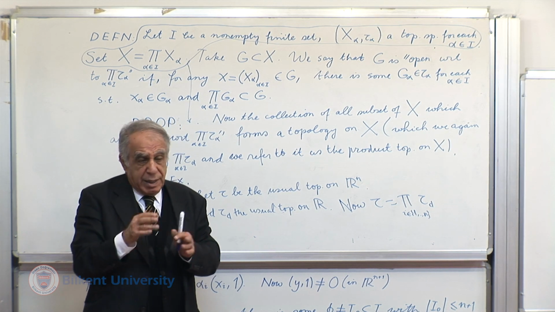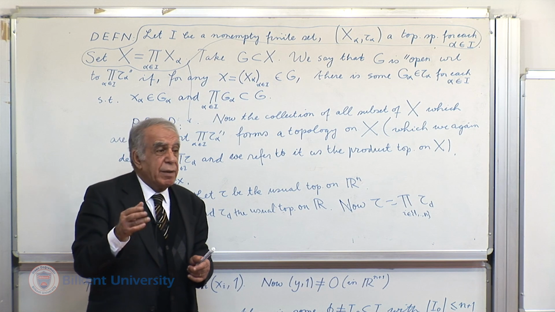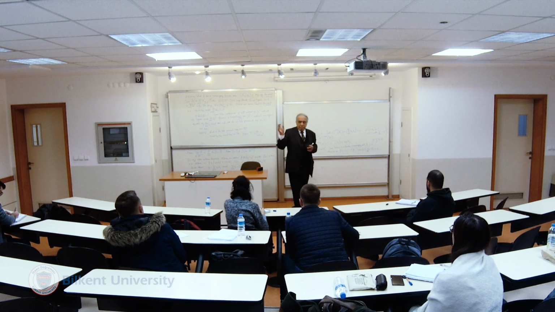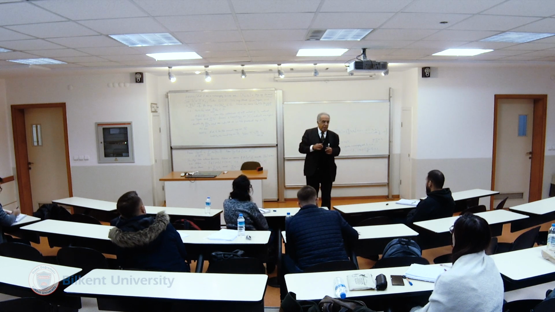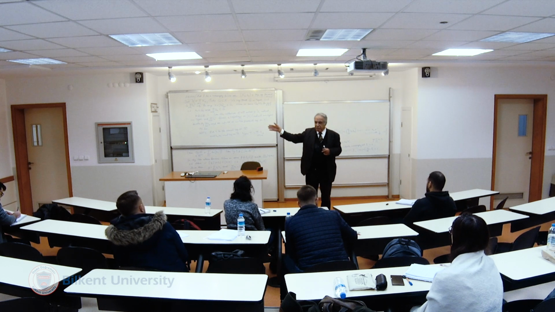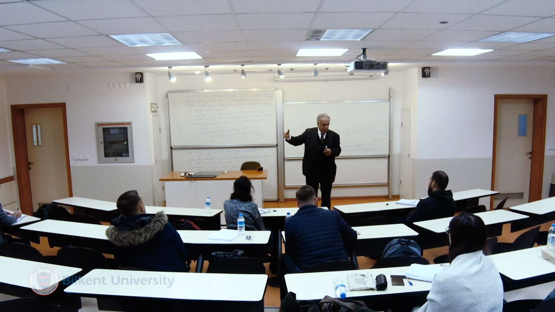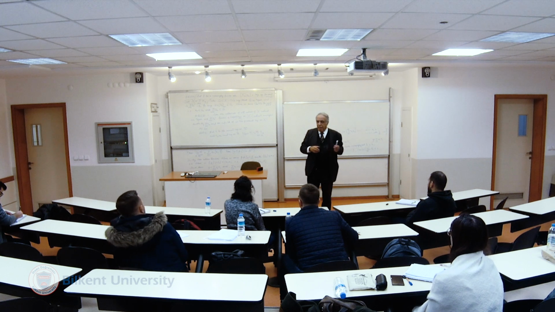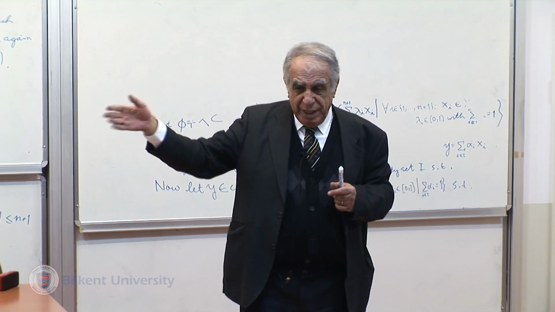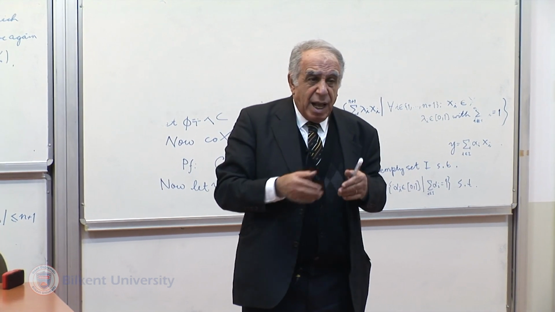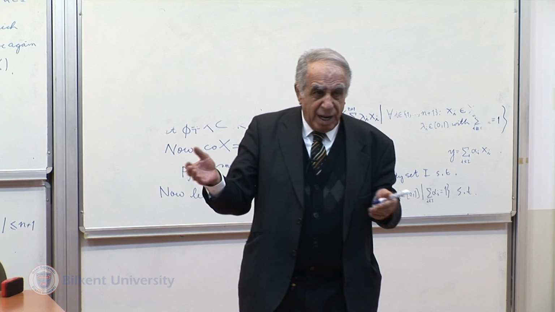But if A and B are non-empty, because if one of them is empty, say A is empty and B is not compact, they're both subsets of R, then the empty set cross any set will be the empty set again, that will be compact, but B will not be compact. Take B as R and A as the empty set. The empty set cross R will be the empty set, that will be compact, but not both phi and R are compact.